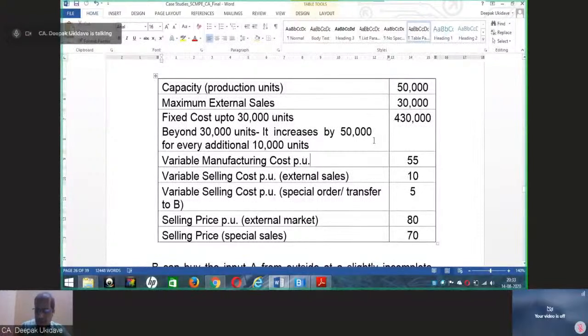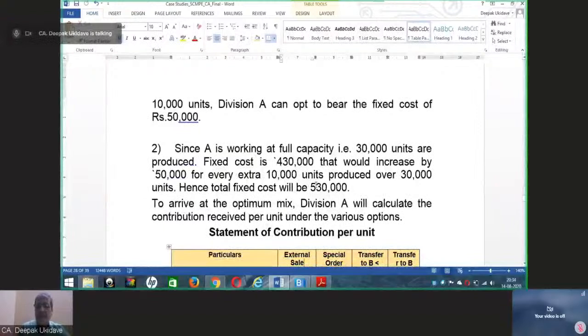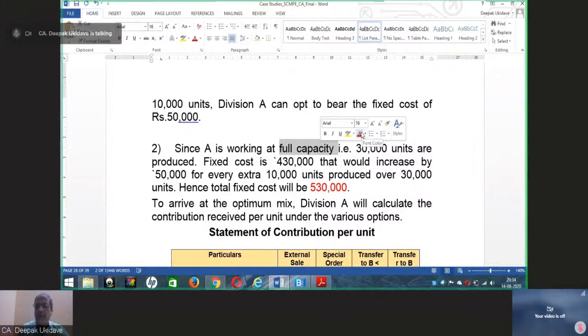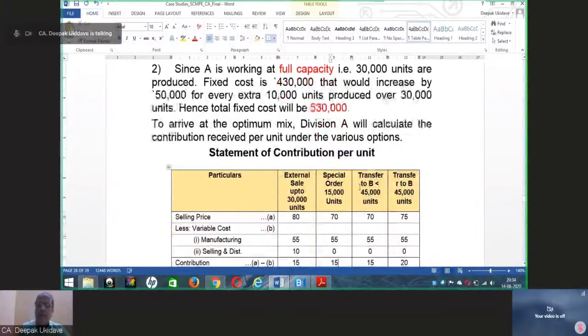This is the point I was driving. So all of you understand this: 4,30,000 becoming 5,30,000 in case full capacity is achieved. 5,30,000 will be the fixed cost. Please remember this when you are achieving your full capacity, when division A is working at full capacity. To arrive at the optimum mix, division A will calculate the contribution received per unit under various options.